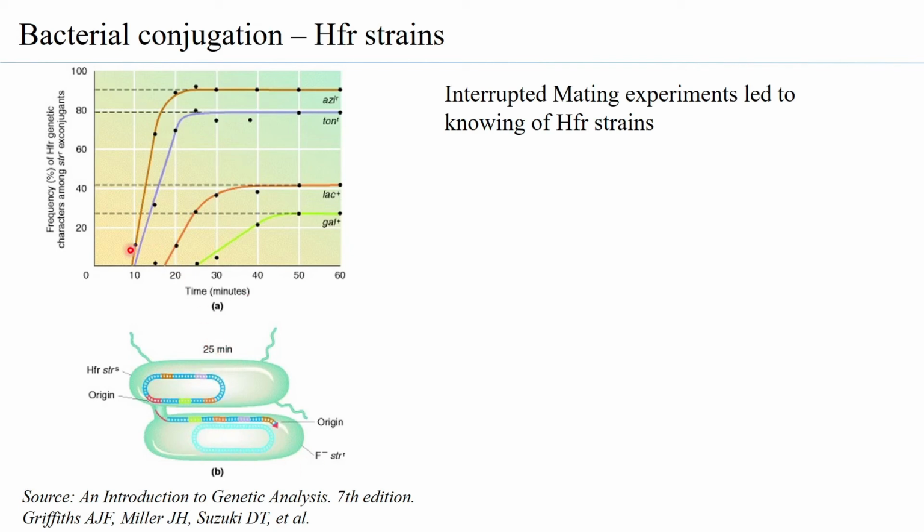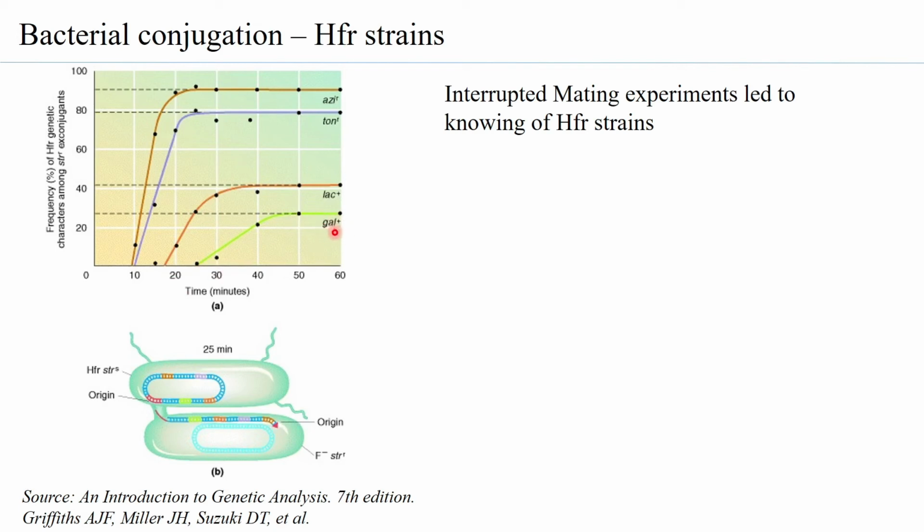So for example, in this graph, you can see that close to 10 minutes, one finds that this gene has been transferred. Then this gene is getting transferred, then the lac operon is getting transferred, and then you have the gal as well getting transferred. So at the 25th minute, you can observe that the gal is also getting transferred.